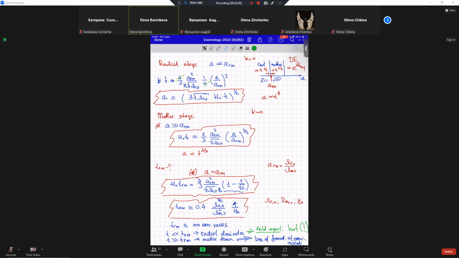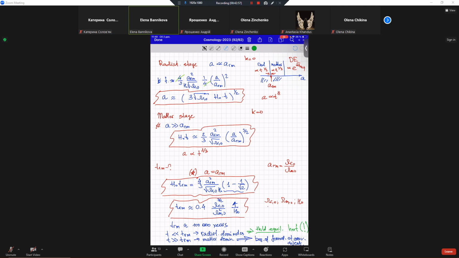For example, in the radiation stage there was a thermodynamical equilibrium, so it couldn't be the period of gravitationally connected bodies, because the radiation was so high, with such high energy, that it prevented the creation of gravitationally connected objects.